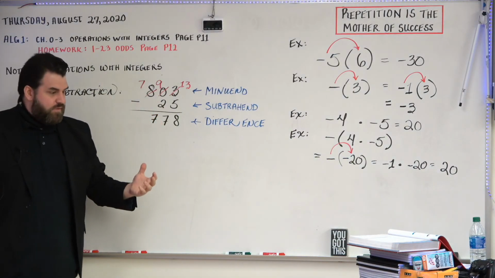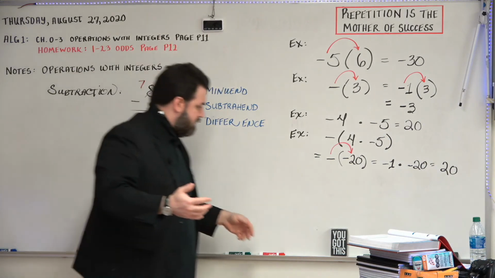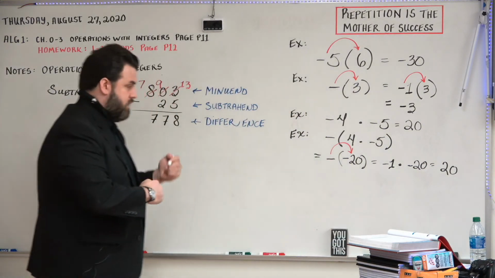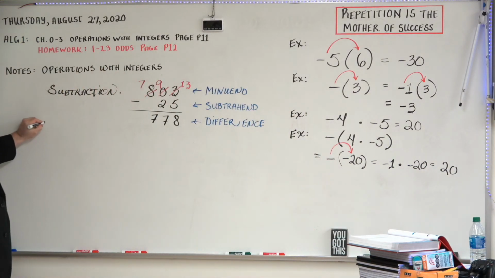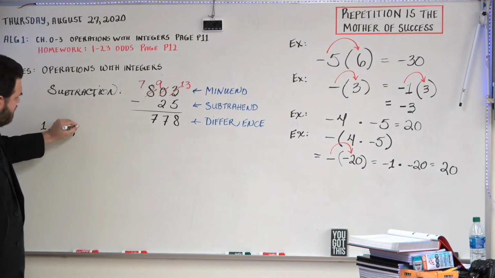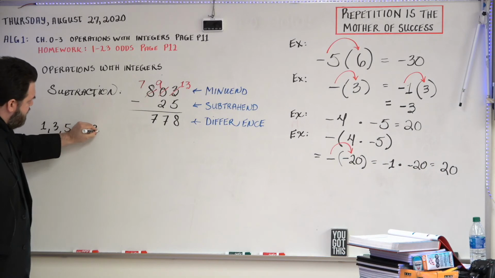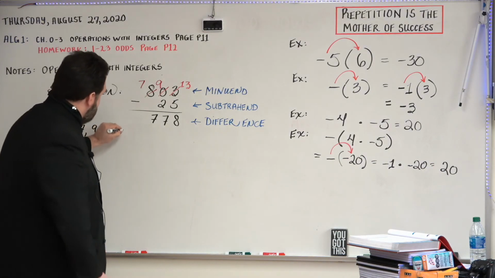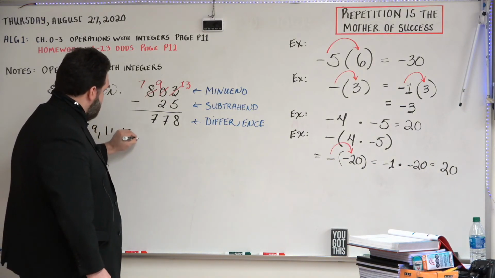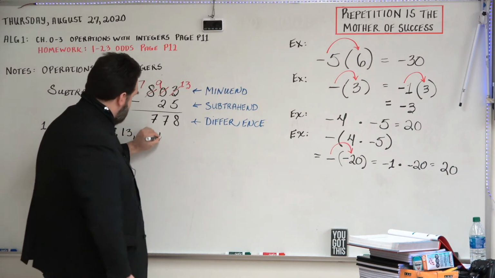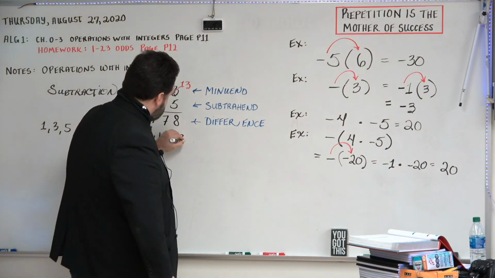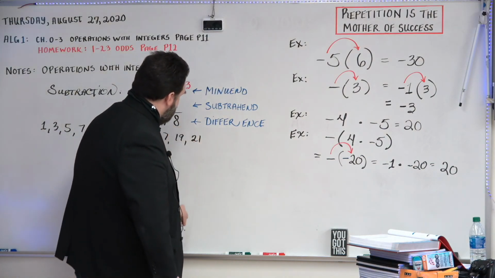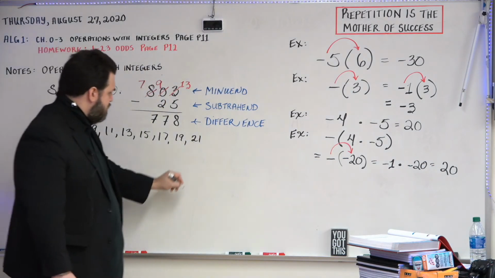Does everyone understand what odd numbers are? 1, 3, 5, 7, 9, 11. Keep going. Good.